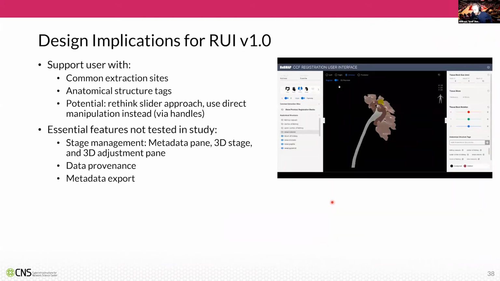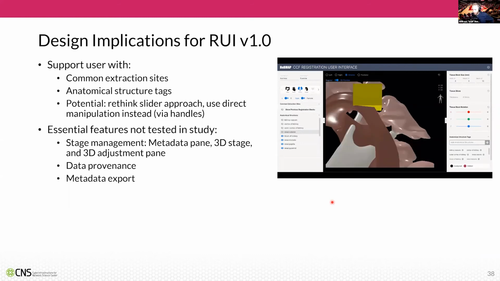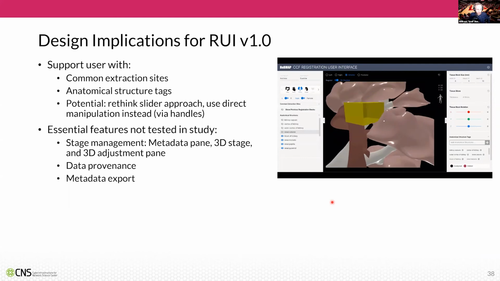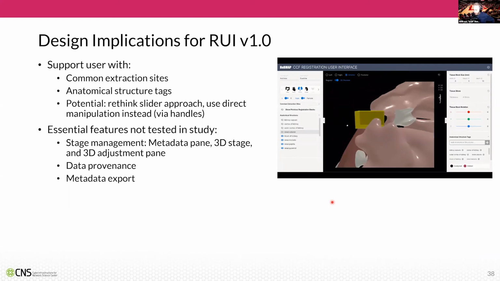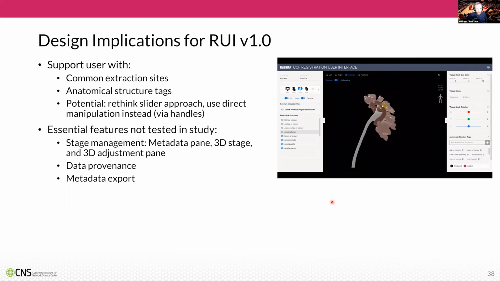Now, what are the design implications for the RUI 1.0, like the one that we just pushed out and the one that we are going to continue to develop? There are several things that we can do to support what our user does, since we know that it is not optimal for high accuracy registrations.